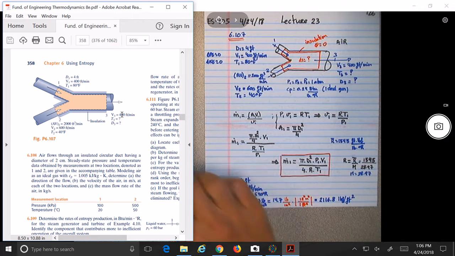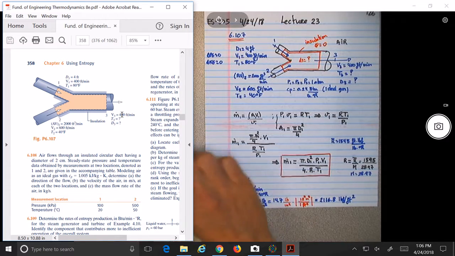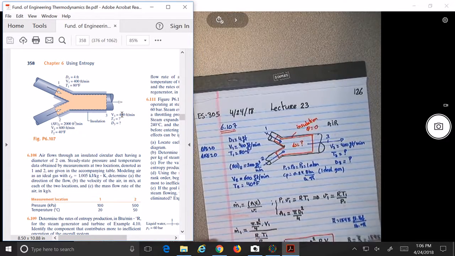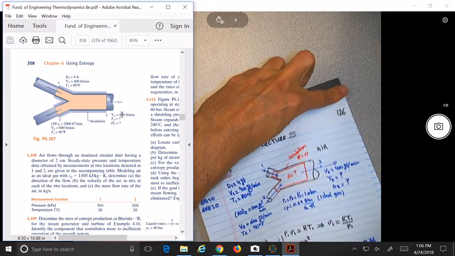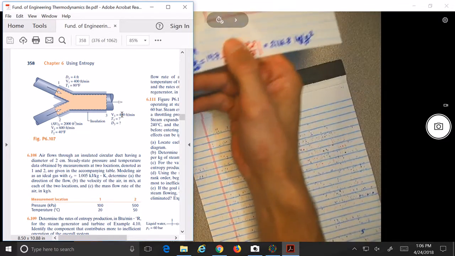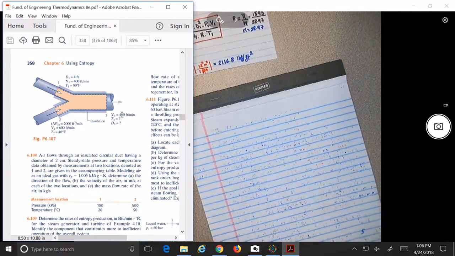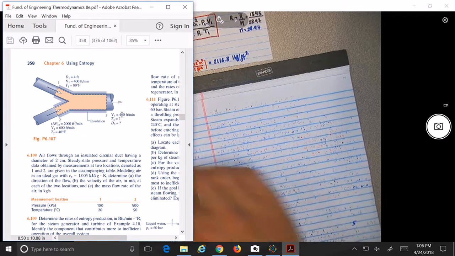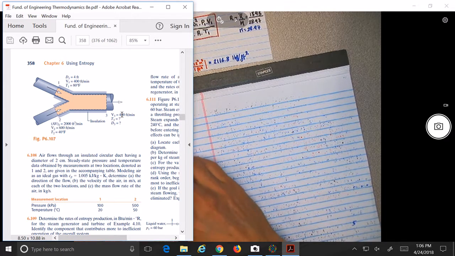2,116.8. Okay, so if you substitute everything into the equation, what do you get for M1? I mean, this problem so far is not difficult, but heavy with units, no?